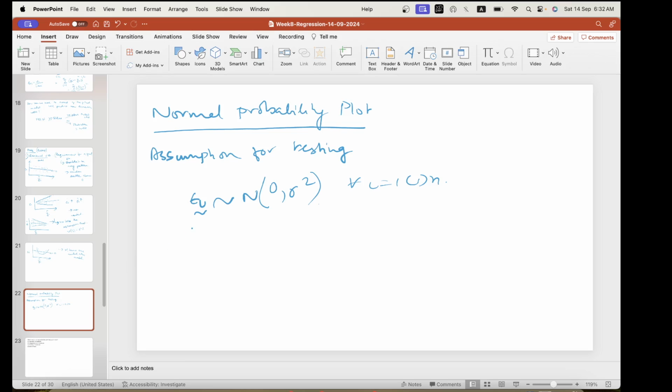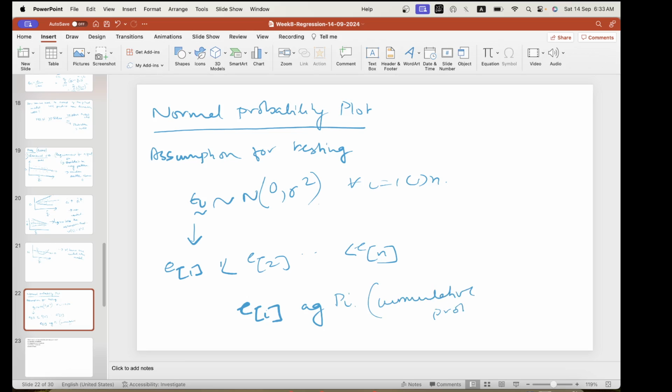If we get the residuals e1 onwards and order them, then we plot ei against pi, where pi is nothing but the cumulative probability.